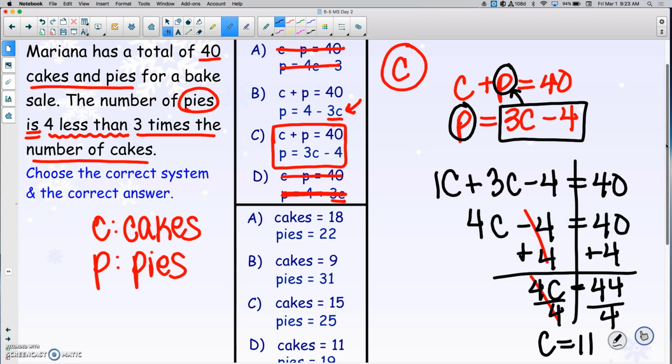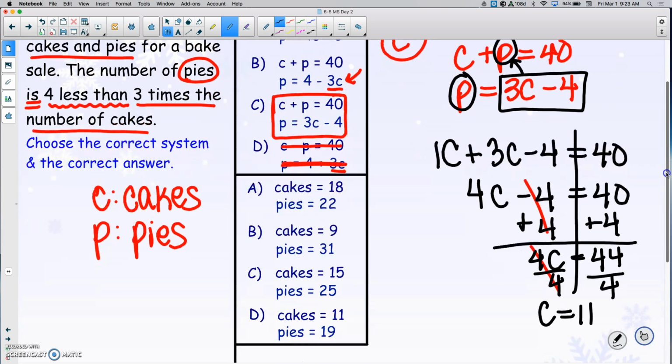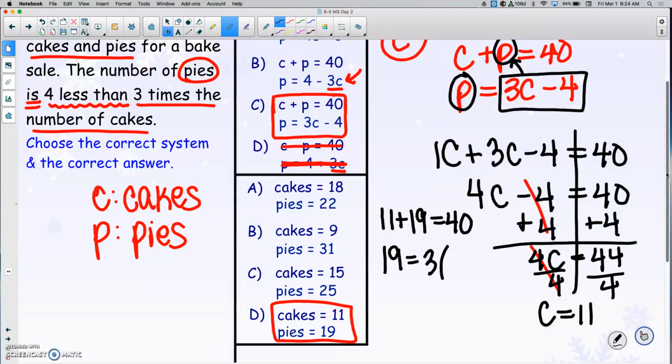So cakes equal 11. So down on the bottom, I can see that choice where cakes equal 11 and pies are 19. I could plug those in and make sure it's correct in my system. So my first equation said cakes plus pies. Oops, wrong number. So cakes plus pies has to equal 40. That is definitely true. Then the next one says pies equals 3 times cakes minus 4.